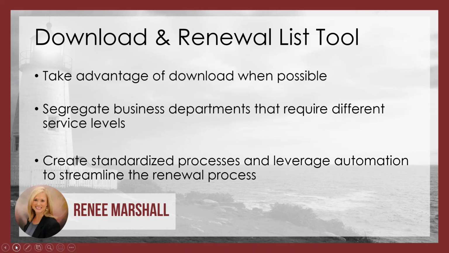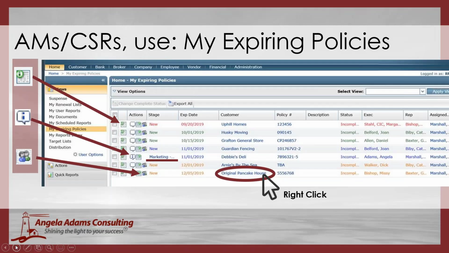This feature is located in the AMS 360 Home Center. The My Expiring Policy feature allows for a few different things. So you'll note on the slide that there are a few icons that we want to point out to you. The first one is the deck page view.